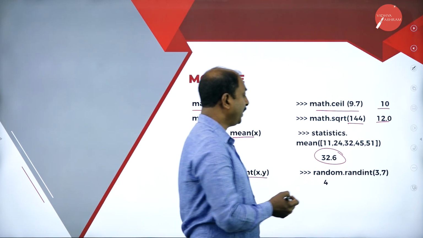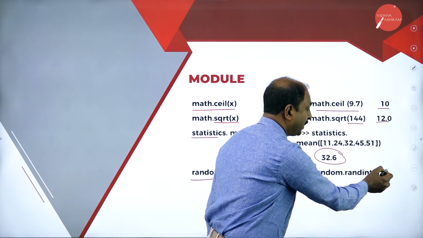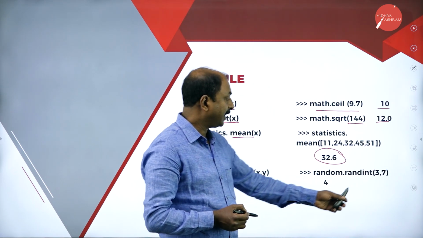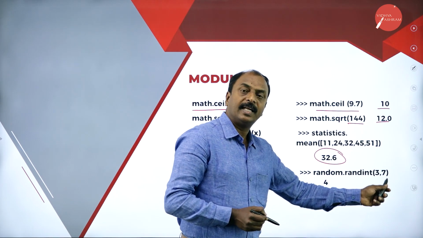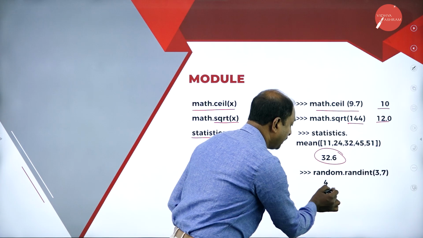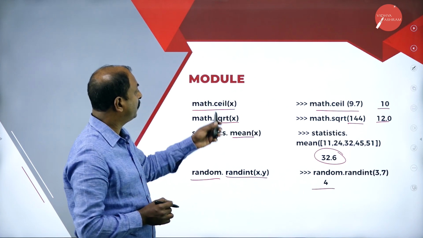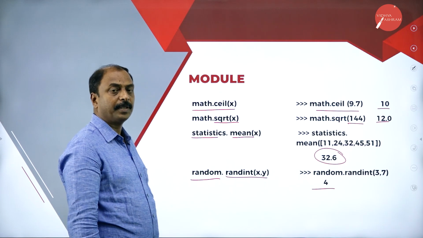In the example, random.randint(3, 7), the result is any random number between 3 and 7. In this example, it is 4. These are a few modules and functions in Python programming.